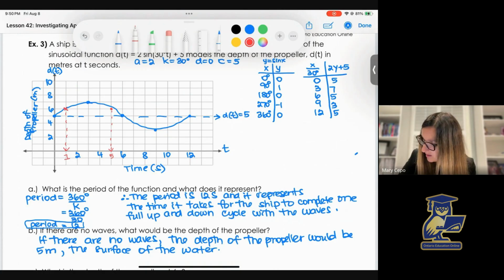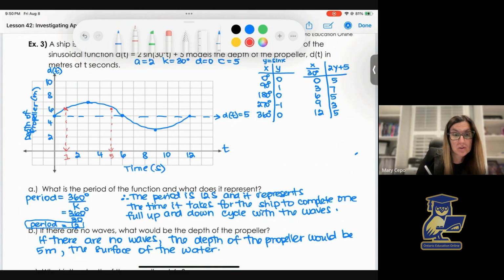When will that happen again? We have to make sure we're within 24 seconds. We've only done 12 seconds, so 24 seconds would be double that. We know that the period itself is 12.